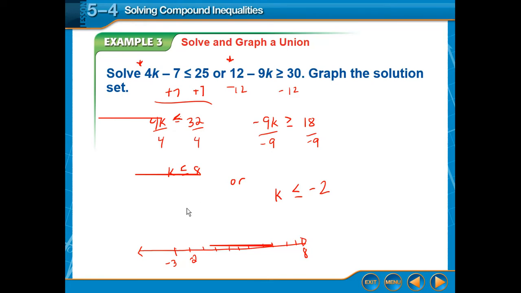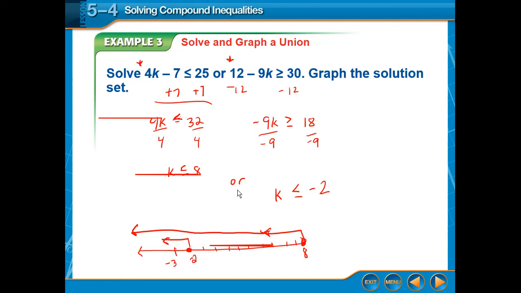So k less than or equal to 8 would be a point here, and it would be going that way. And if I have k less than or equal to negative 2, that would be here and going that way. Okay, so this is kind of redundant because this 8 keeps going all the way this way. So it kind of overpowers this negative 2.